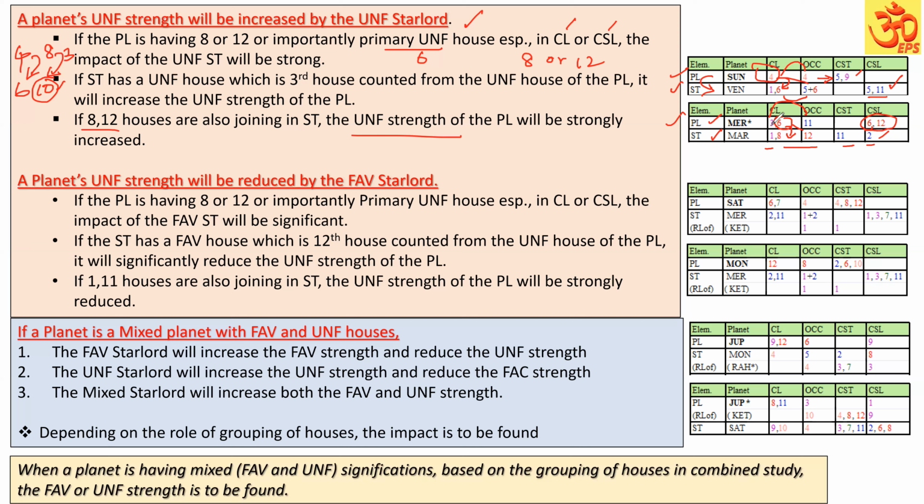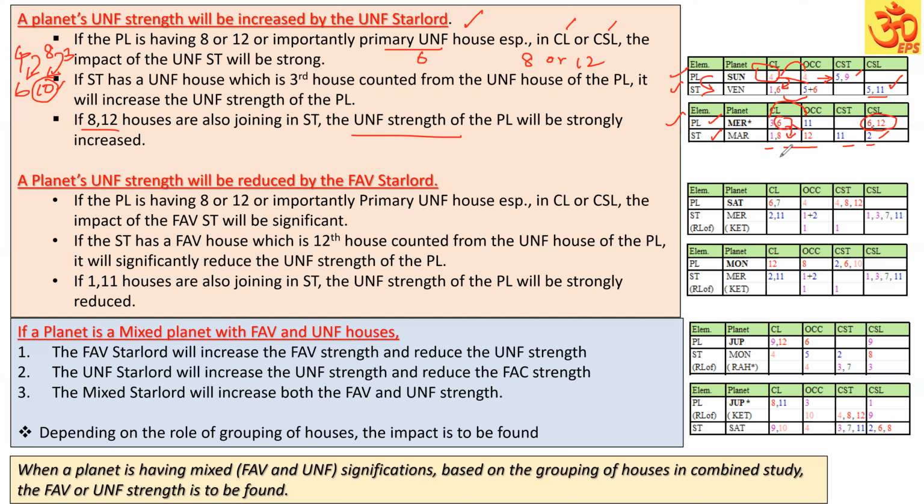Why I'm saying this: practically, when you are studying such rules, the planet and star lord will not be purely one thing. If favorable, it is not only favorable; if the star lord is unfavorable, it will not be unfavorable alone. Each planet or star lord has combined significations, favorable and unfavorable.